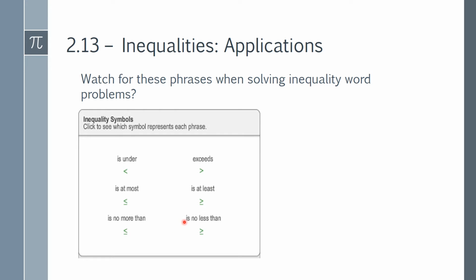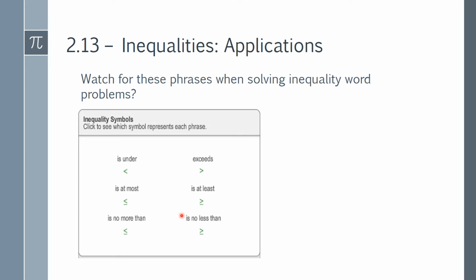And then there's is not less than. Not less means greater. But is not less than, so if it's not less, here are your options. Think of it as your options are to be less than, to be greater than, or to be equal to.